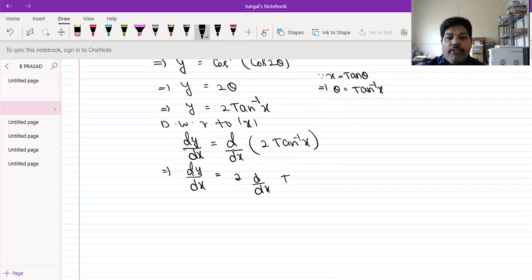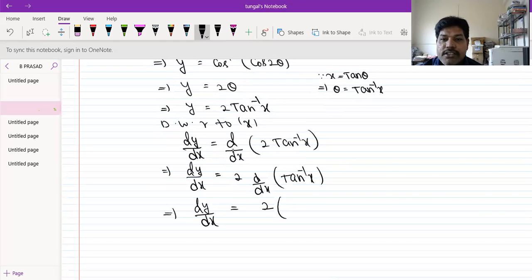What is the derivative of tan inverse x, students? You have to understand that formula. The derivative of tan inverse x is equal to 1 by 1 plus x square.